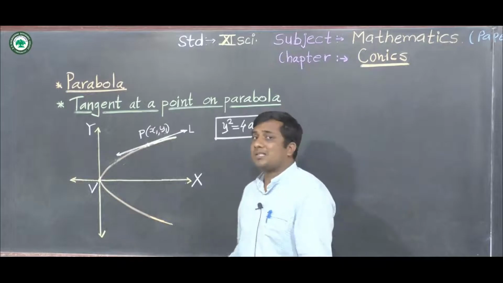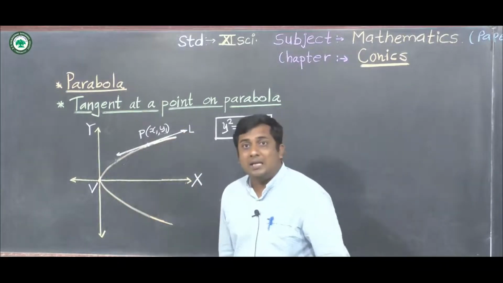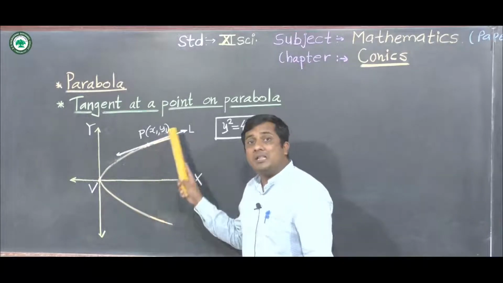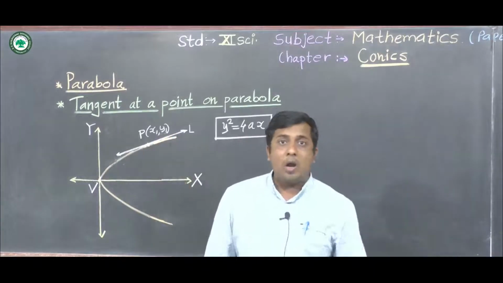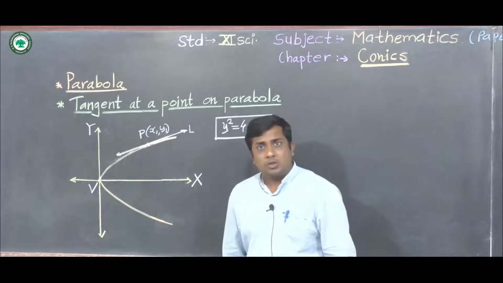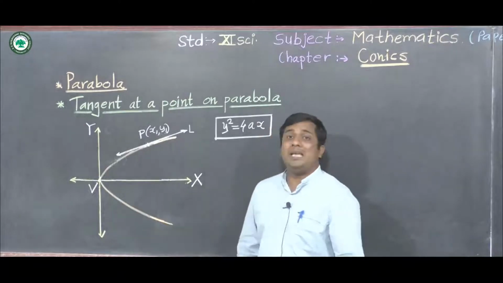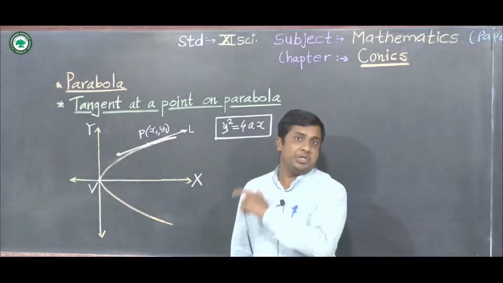So a straight line which intersects the parabola in one point is called a tangent of the parabola. In this lecture we have to define the equation of the tangent.